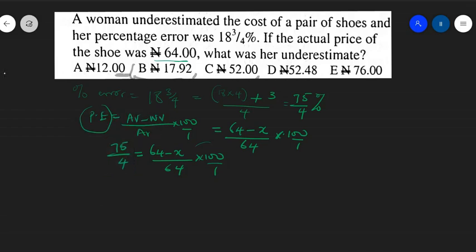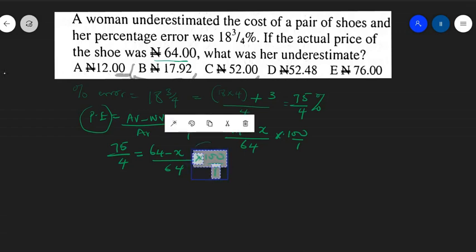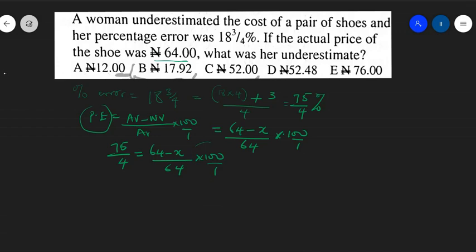Likewise, when division crosses, it becomes multiplication. So this one, when it comes over to this side, is going to become division. What I'm saying in terms of mathematics is just simple grammar.